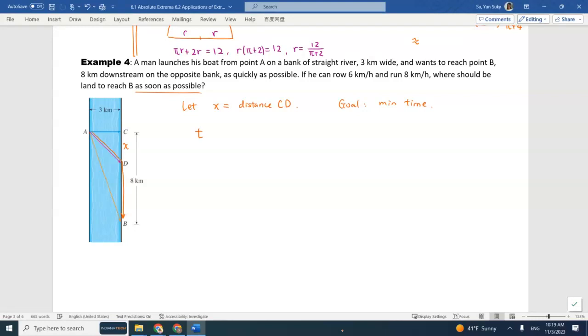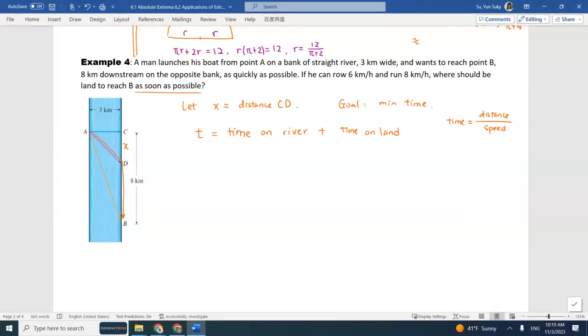So time is the time on the river plus the time on the land. Do you agree, everybody? And time is distance over speed. Yes, everybody? Time is distance over speed.